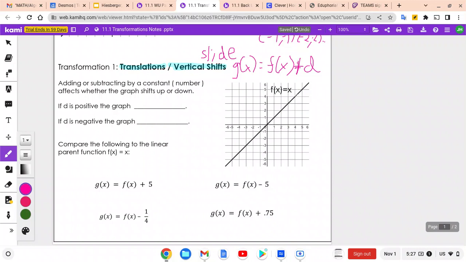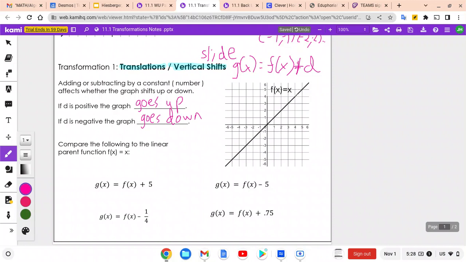So basically, if d, our displacement, is positive, the graph goes up. But if d is negative, then the graph goes down. Let's take a look.